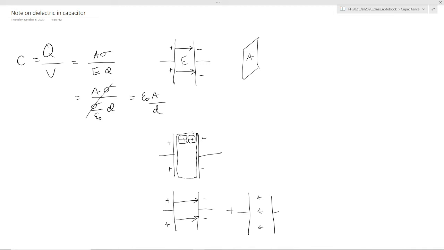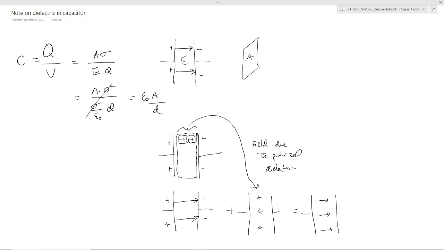So if you imagine the field due to that, when you imagine the superposition of those two fields, you would be left with a field in between the plates that's reduced. Here, let me try and draw it.